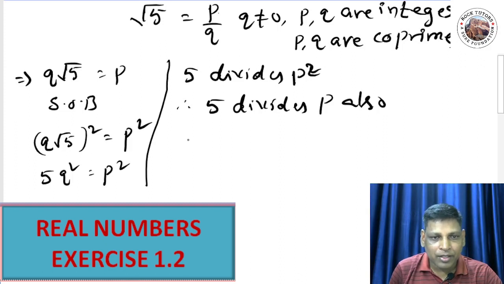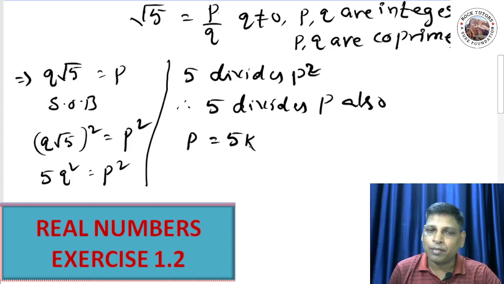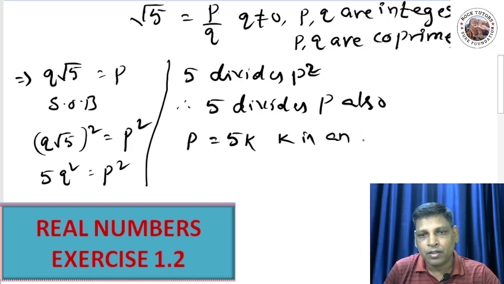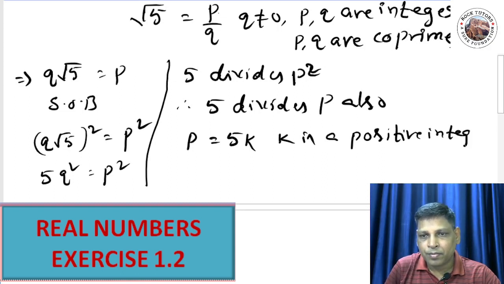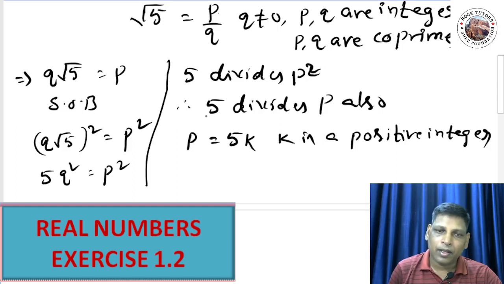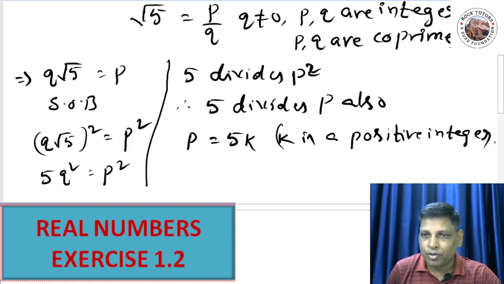So I can write p is equal to 5k, because p is a multiple of 5. Here k is any positive integer.